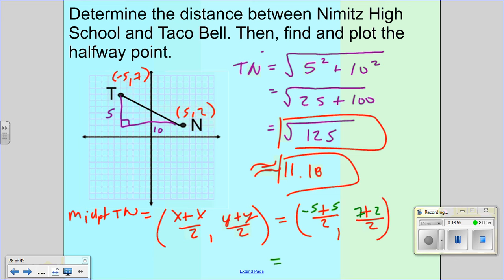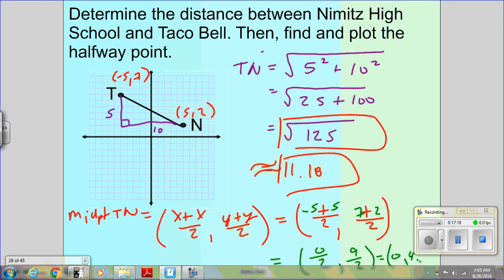There we go. Now still do it in stages. -5 plus 5 is 0. 7 plus 2 is 9. We know that already that 0 divided by anything is 0. And 9 divided by 2 is going to give you a decimal, 4.5, or you can keep it a fraction.